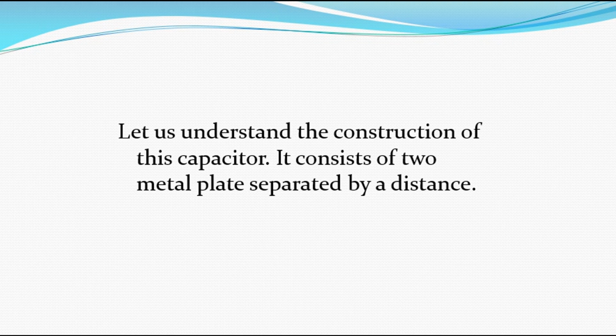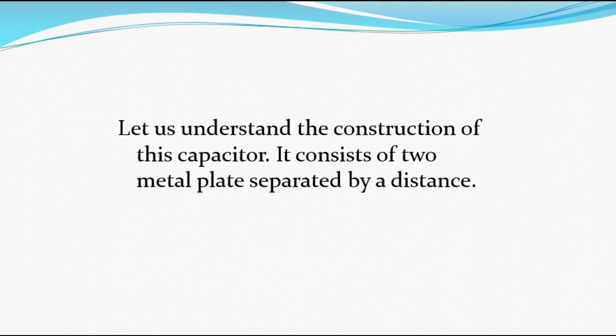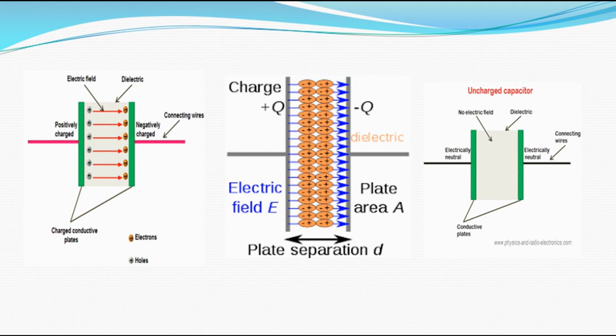And in that distance, it has two legs. Some capacitors have three legs, depending. But in this case, we are going to discuss why it consists of two metals separated by a distance.